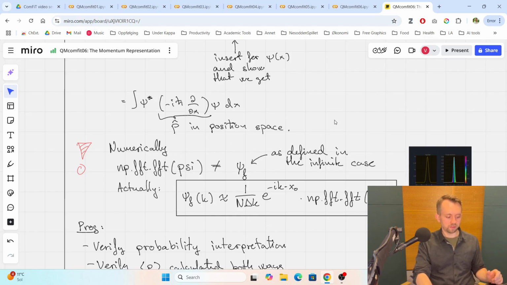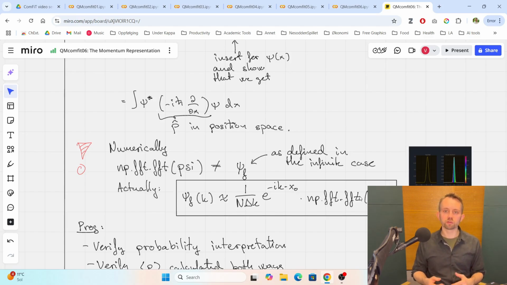They are related by this expression here, namely that this infinite case psi f is 1 over n, where n is the number of points, multiplied by the spacing of the k vectors, and then e to the minus i k dot x0, where x0 is the starting point of your simulation, and then multiplied by this discrete Fourier transformation.